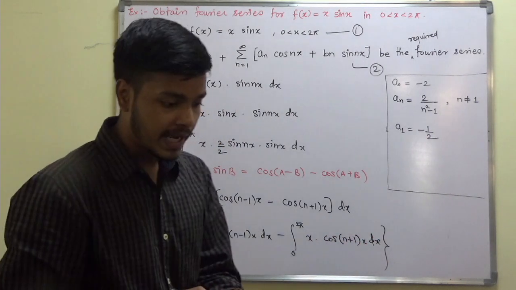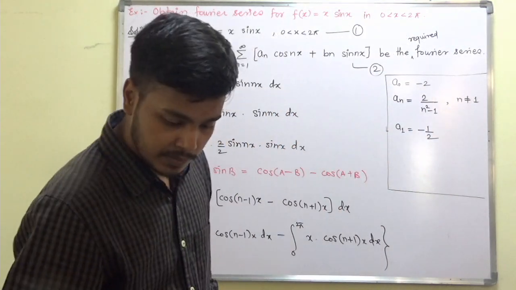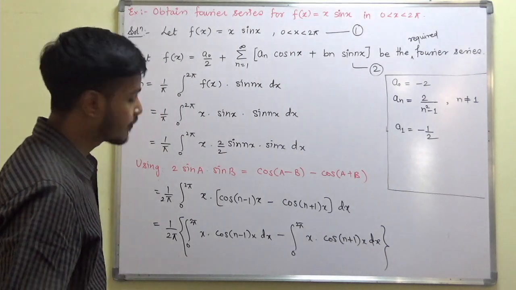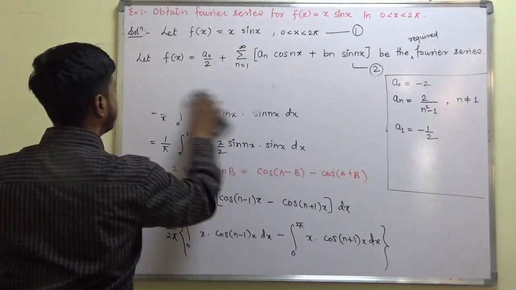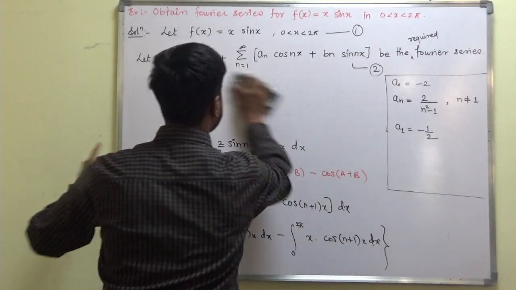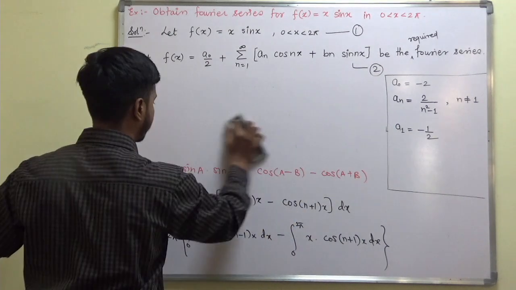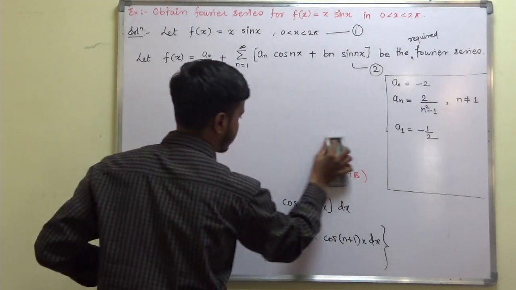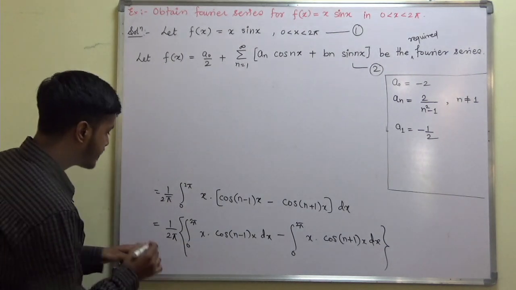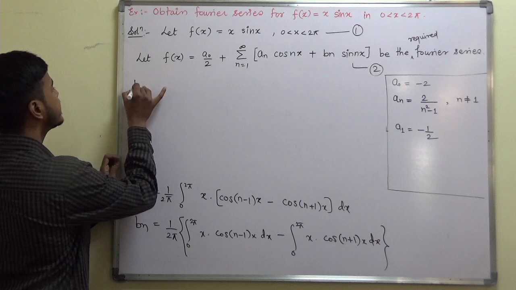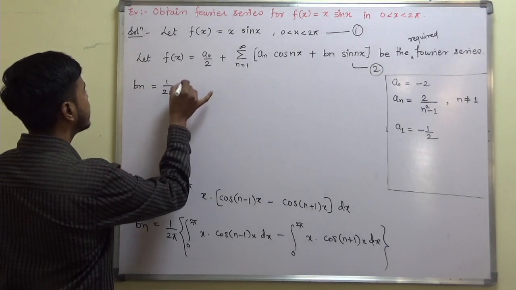Now just apply integration by parts to here, then you will be getting. Now just see here, we have this as my Bn. So what is my Bn then? Bn is equal to 1 by 2 pi.